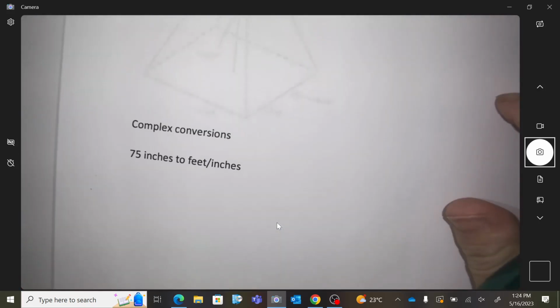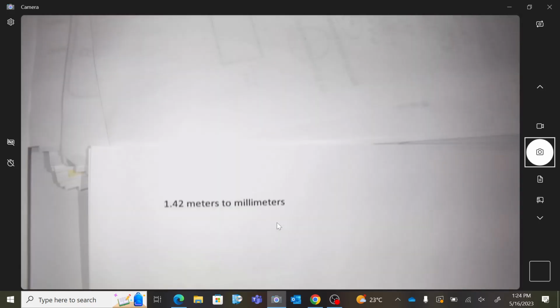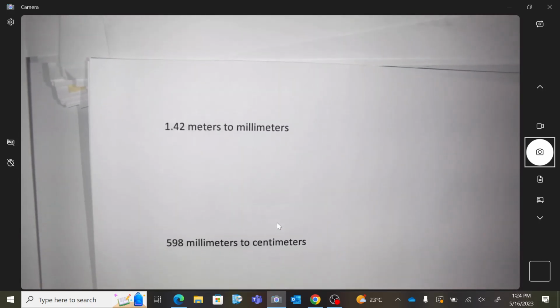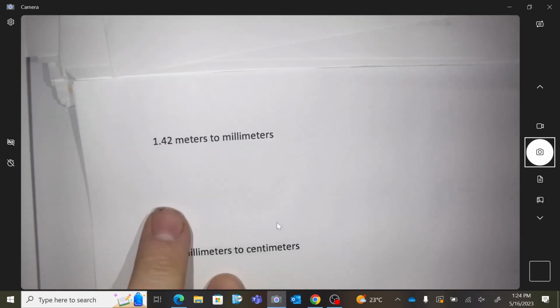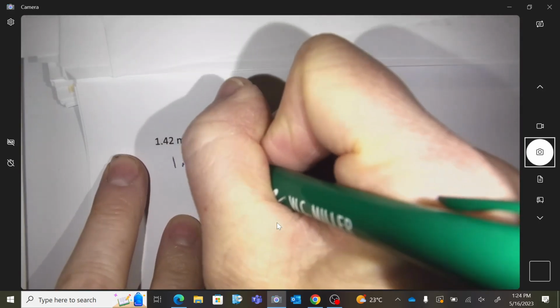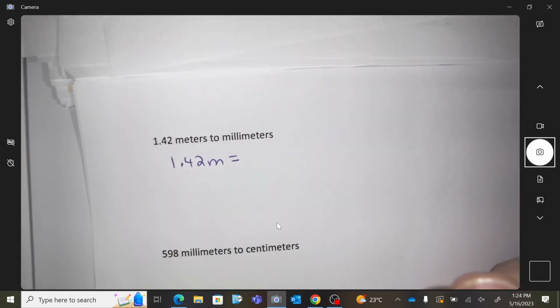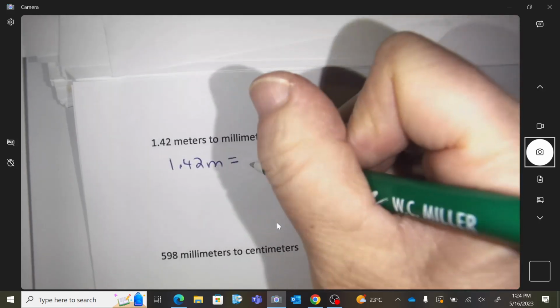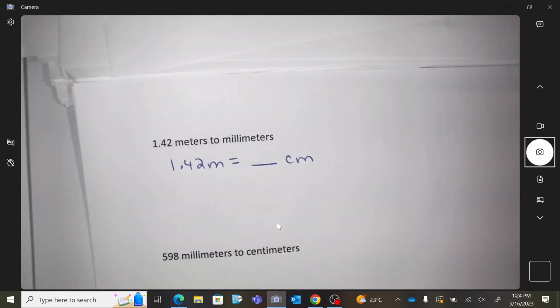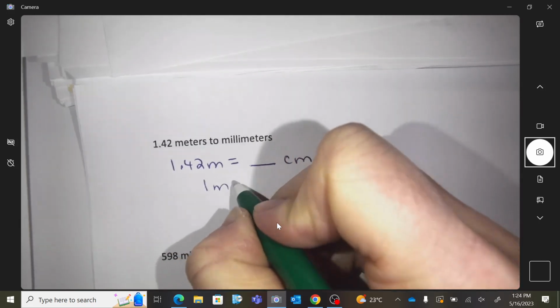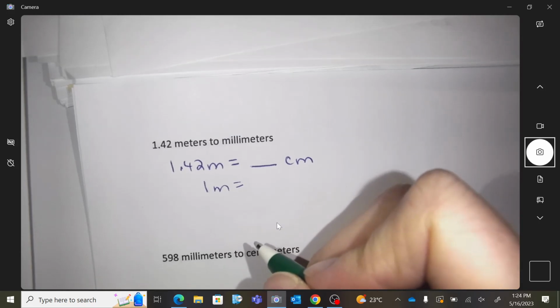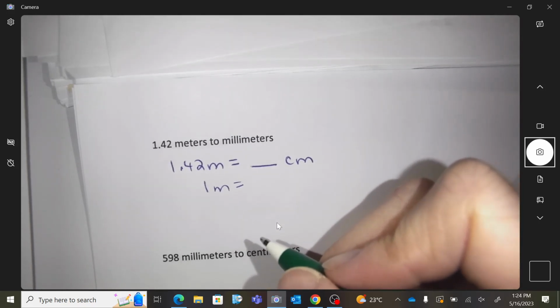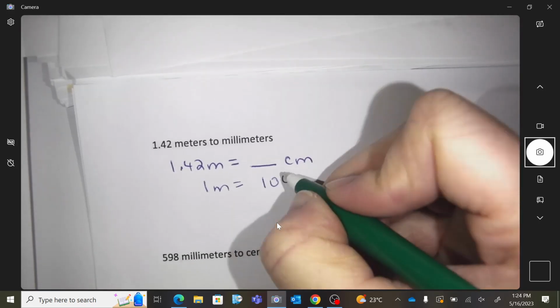Okay, so now we're going to go meters to millimeters. I don't think I can do straight meters to millimeters, so should we go to centimeters? Is that okay with you? 1 meter is, do you have it memorized? How many centimeters are in that meter stick? 100.